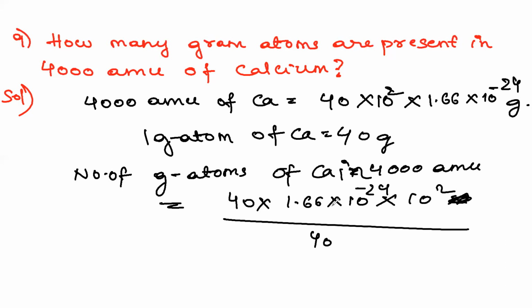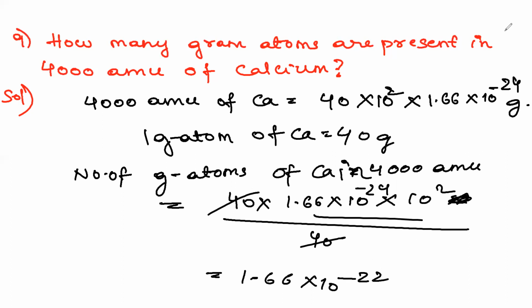The answer is 1.66 × 10^-22. This model is most important. So the answer is 1.66 × 10^-22 gram atoms are present in 4,000 AMU of calcium.